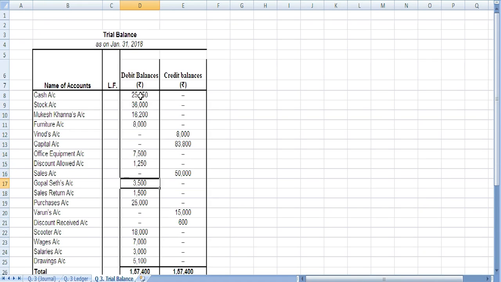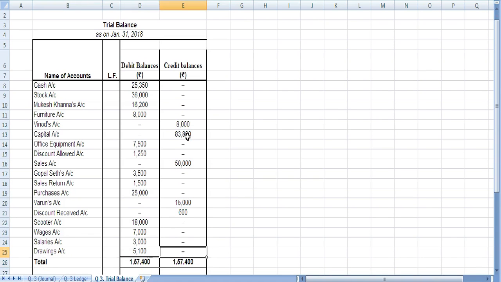If the February 1 balance is on the debit side, write on the debit side. If the next month's opening balance is on the credit side, write on the credit side. And to know whether your answer is right or wrong, both sides should match or tally with each other. So the answer is coming 1,57,400 and 1,57,400.